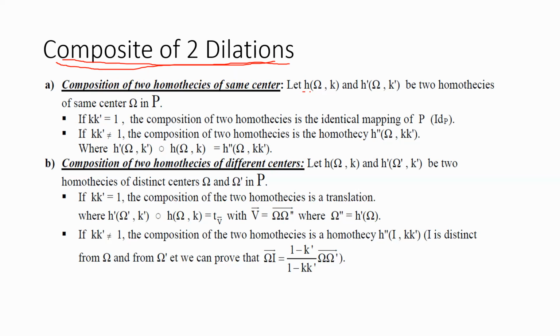So we have H omega K and H prime omega K prime, two homotheties of the same center omega. If K times K prime does not equal 1, then H prime omega K prime round H omega K gives a homothety of the same center and ratio K times K prime.